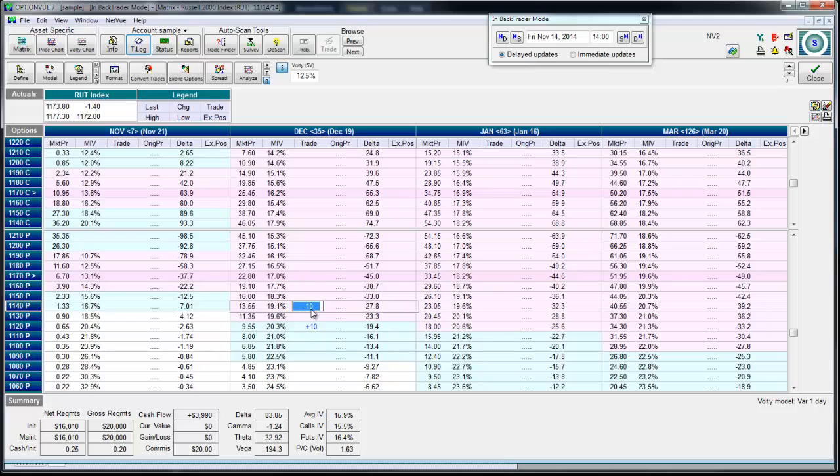Actually, no, we'll do minus 5, plus 5. No, you know, that's too close. Let's do this. Let's go 1100, all right? Minus 5, plus 5. And we'll come up here to, let's say 1230, minus 5, plus 5.